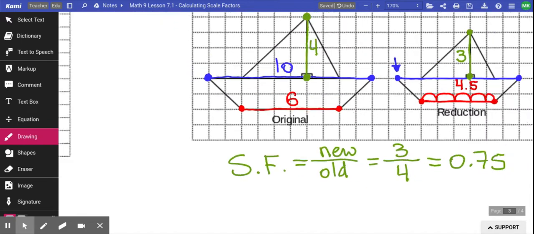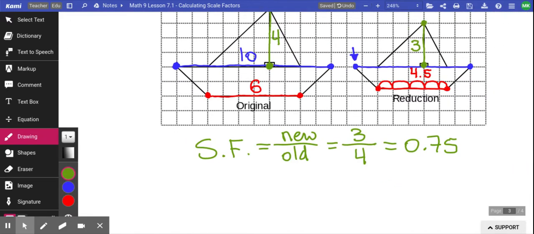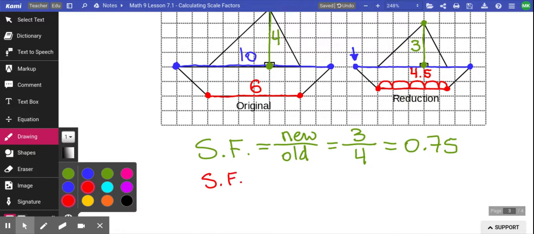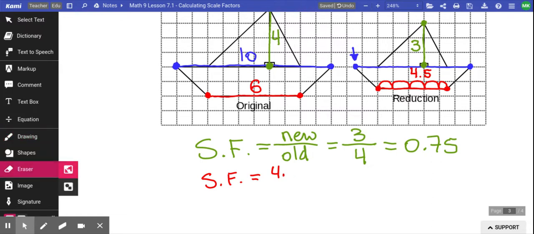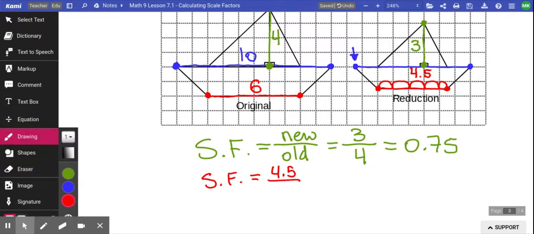Just for fun, we could do the blue and the red lengths as well to see if they're the same. If I look at the red, the scale factor would equal new, which is 4.5, divided by old, which is 6. If you put 4.5 divided by 6 in your calculator, you get 0.75.